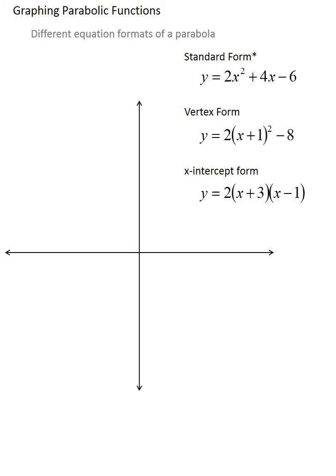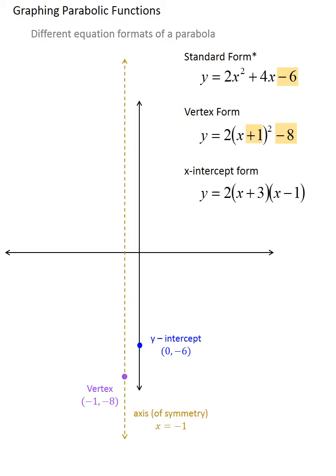Now, in a perfect world, every math problem would give you all three. That's never going to happen, but let's say it did. If you were given all three forms, you would look at standard form and know the y-intercept. You would look at vertex form and know the vertex, and therefore the axis of symmetry.